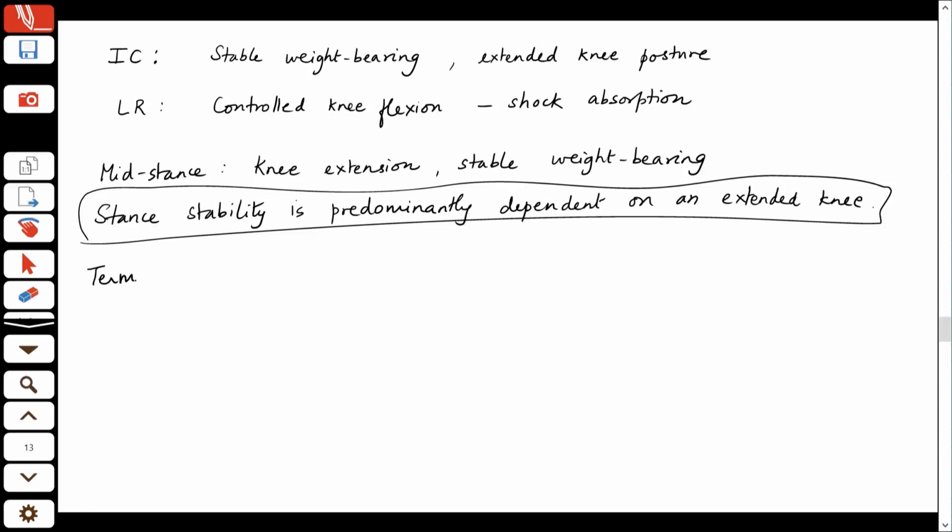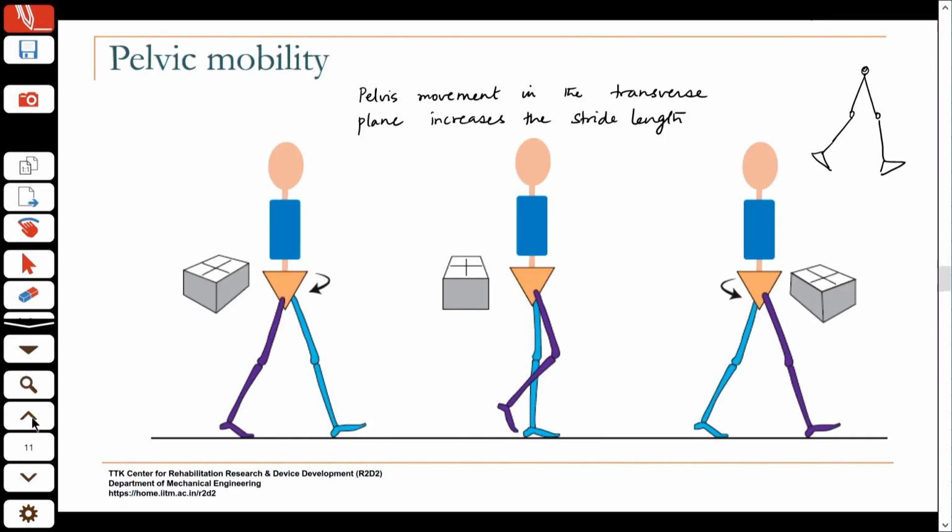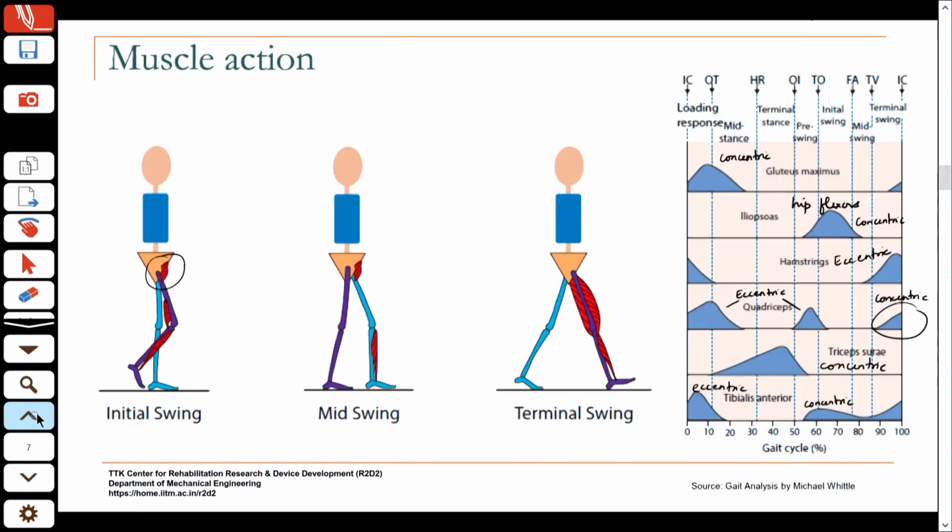Then terminal stance, you are basically looking to, the knee can now start to flex and you want to have as much flexion as possible in order to have a good stride length, because if you do not move the weight to the forefoot sufficiently, then your stride length is automatically going to be shorter, right.